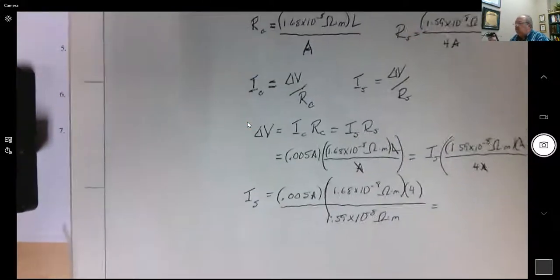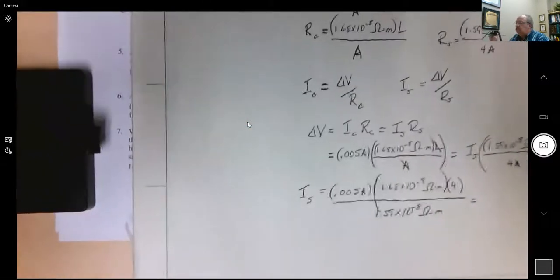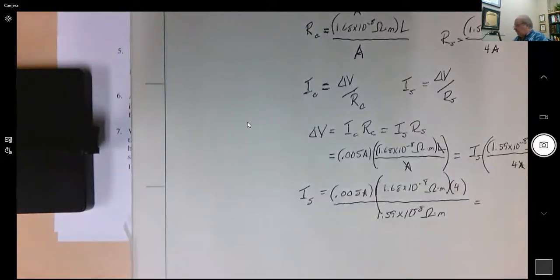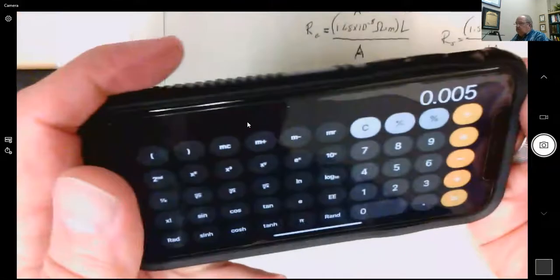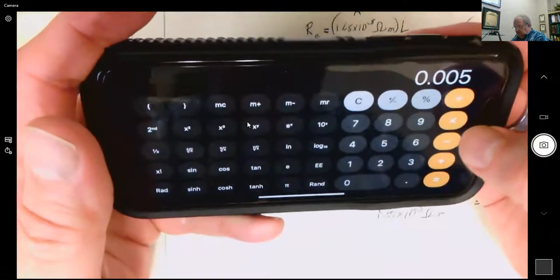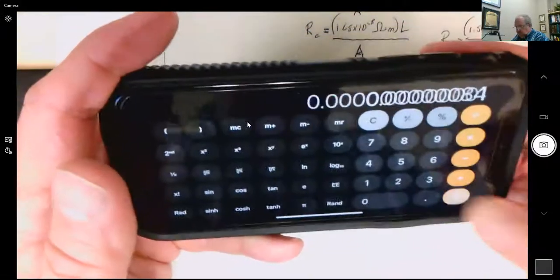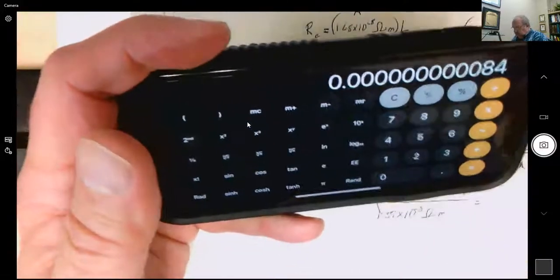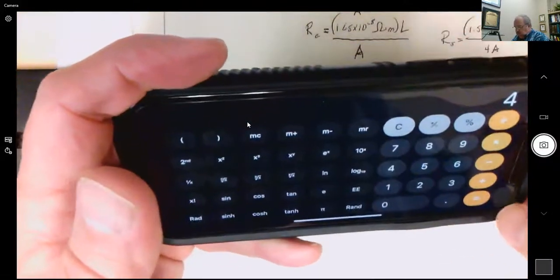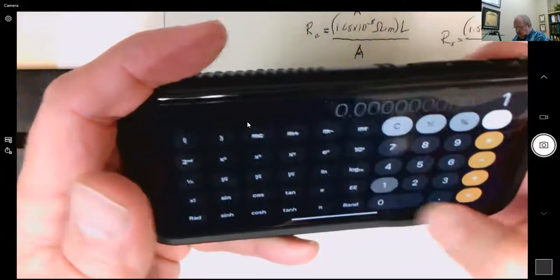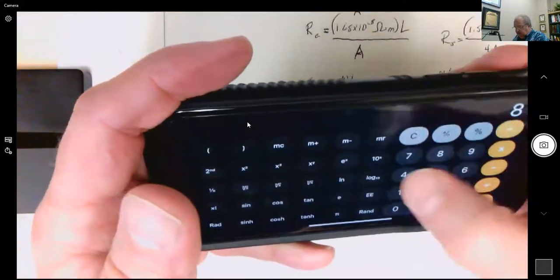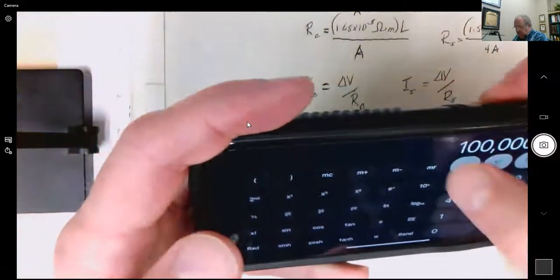And then if we calculate that out, I've got 5 milliamps, or 0.005 amps, times 1.68 times 10 to the negative 8 times 4 divided by 1.59 times 10 to the negative 8.